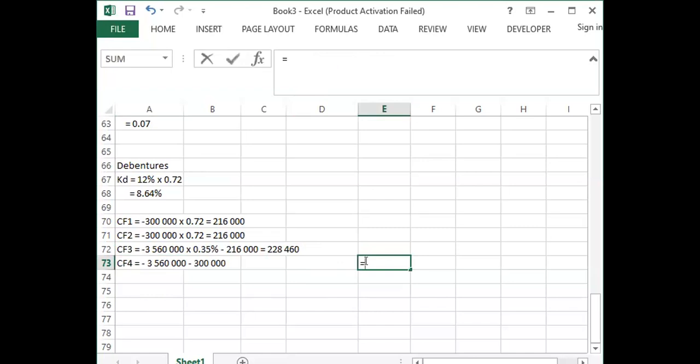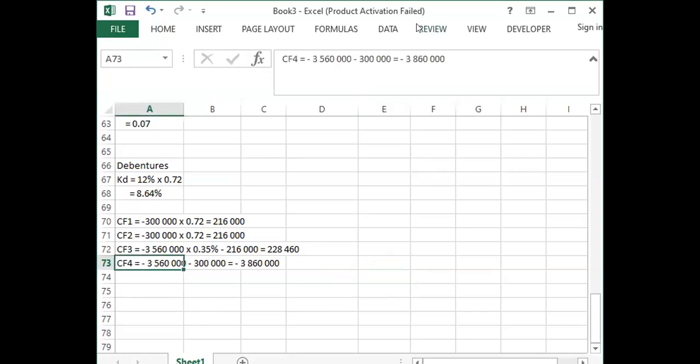So which is basically 3560 plus 300, right? So it's 3860, right? So this is basically a negative 3860. Your negative amounts, you might want to show them in brackets, right? You might want to show them in brackets. All right, okay, sorry, we need to adjust interest.